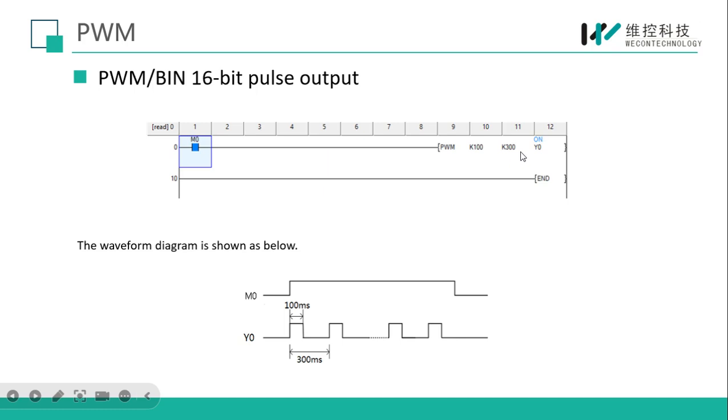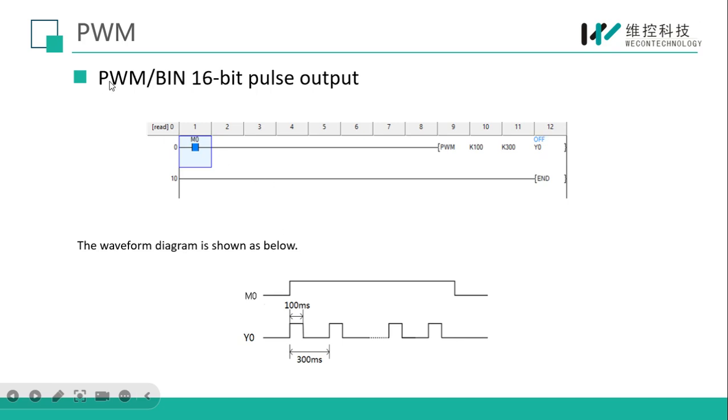As you can see, this instruction is very easy. I set the cycle as 300 milliseconds and the on time as 100 milliseconds. So the waveform diagram is like this.